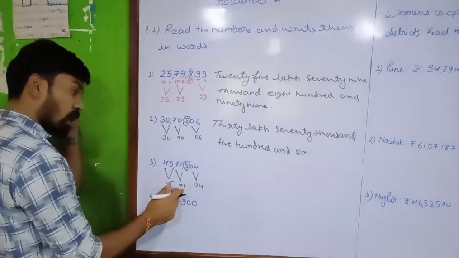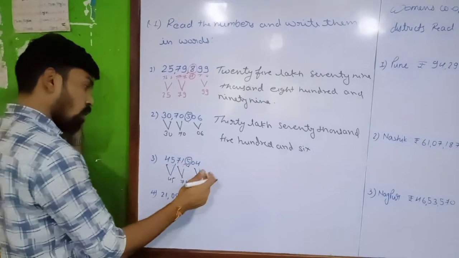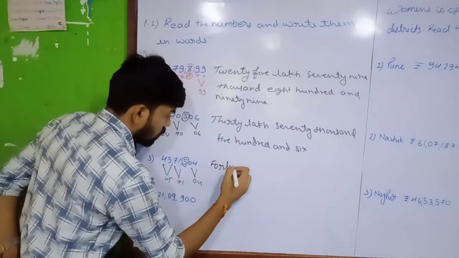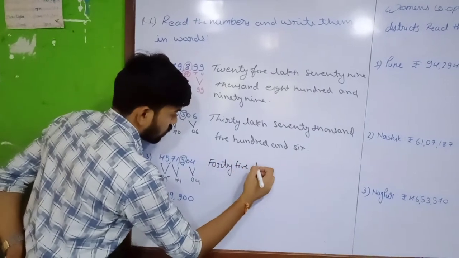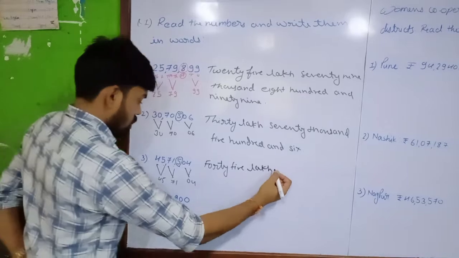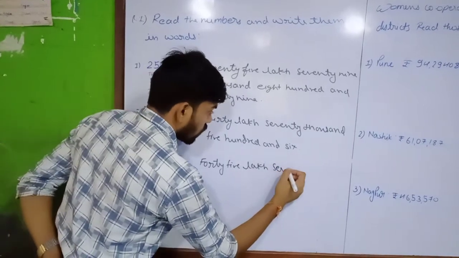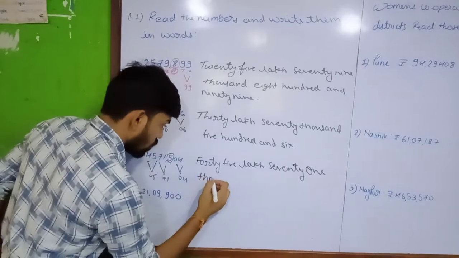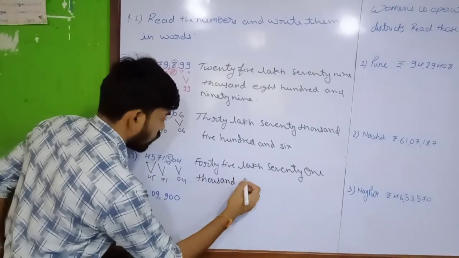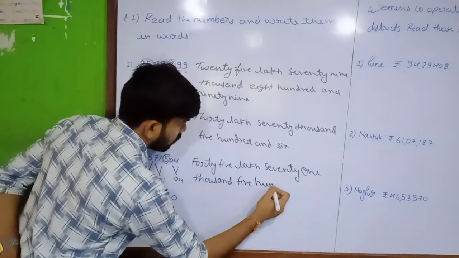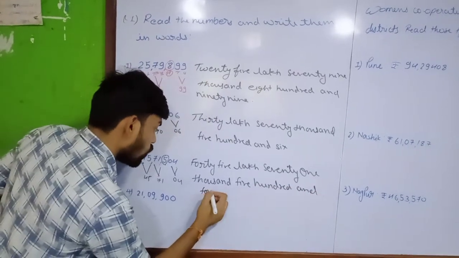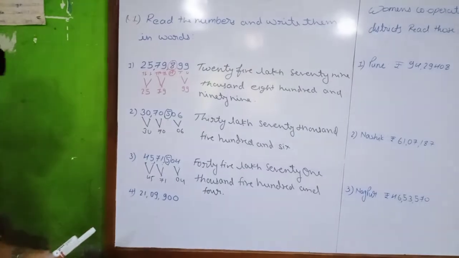So 45 lakh 71,504. This way we can write.